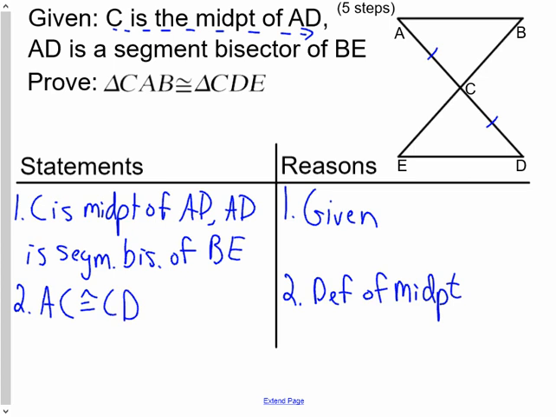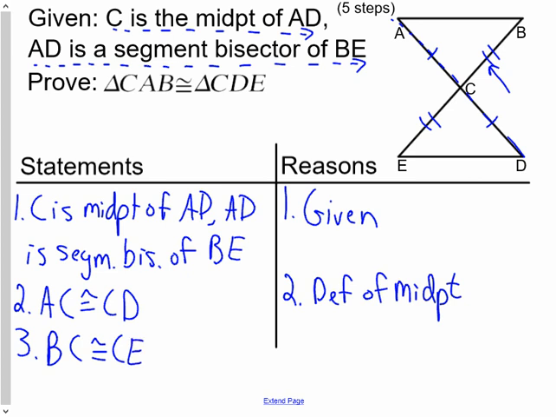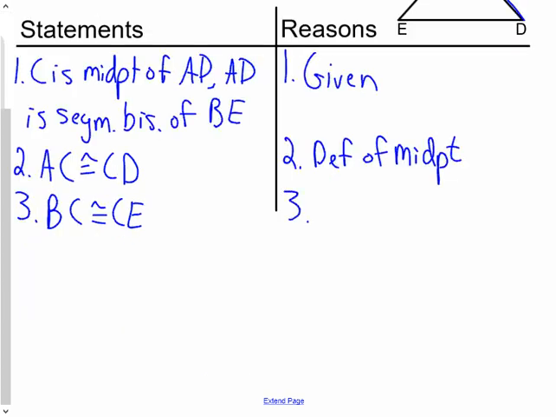Next part of my given. AD is the segment bisector of BE. So that means this line cuts this one in half. So these two pieces are equal. So BC and CE are congruent by either definition of segment bisector or definition of bisect.